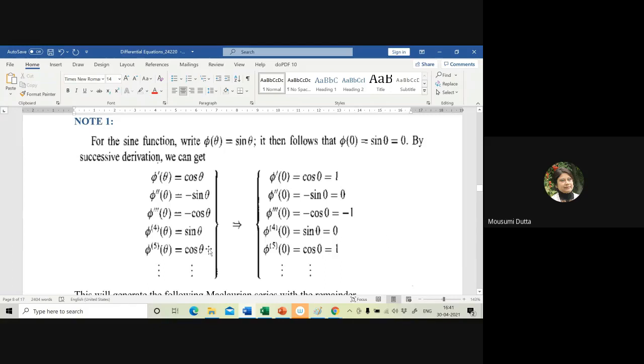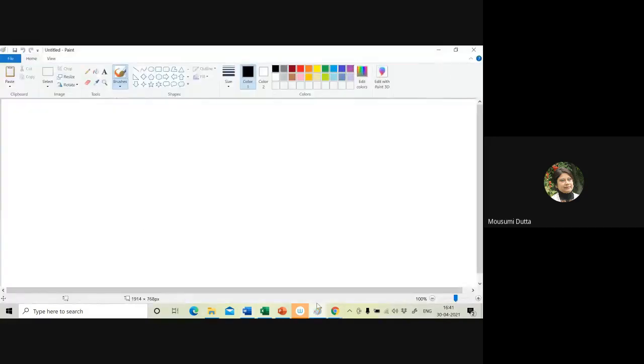I can write f of theta, any function; instead of f, we are using the notation phi of theta. This phi could be a linear function, in that case phi theta is equal to a plus b theta.